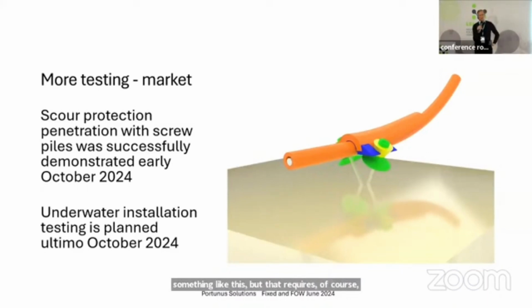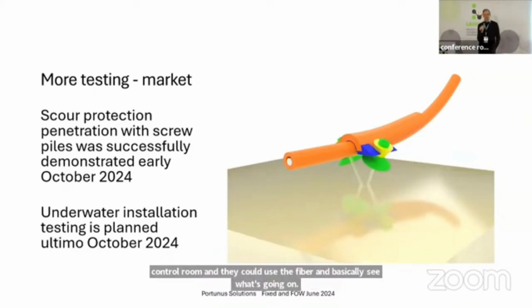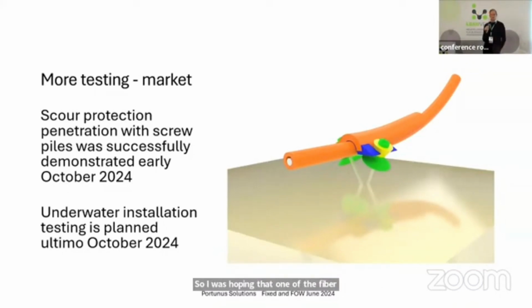In the ideal world they could sit in a control room and use the fiber to see what's going on. I was hoping one of the fiber optic people could say, yes, this is moving so much, and the bending is only so much. But I'm not sure if I'm asking too much.